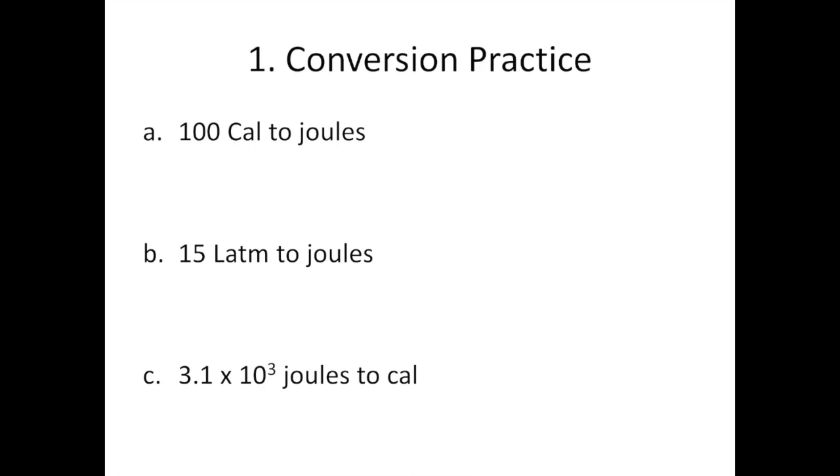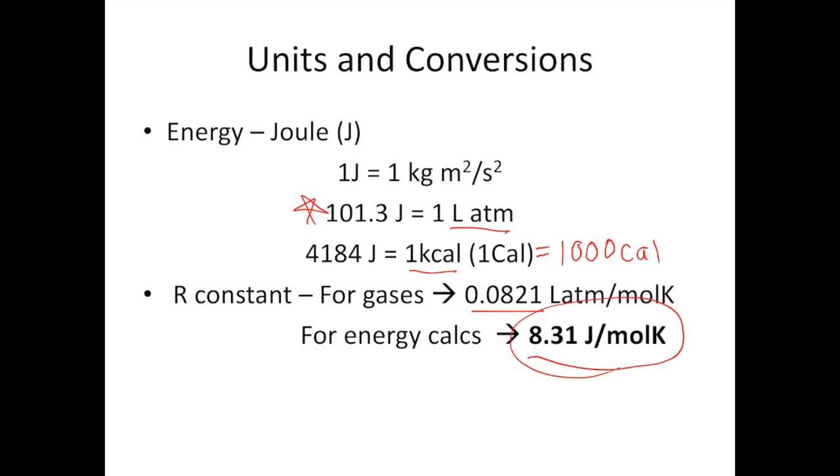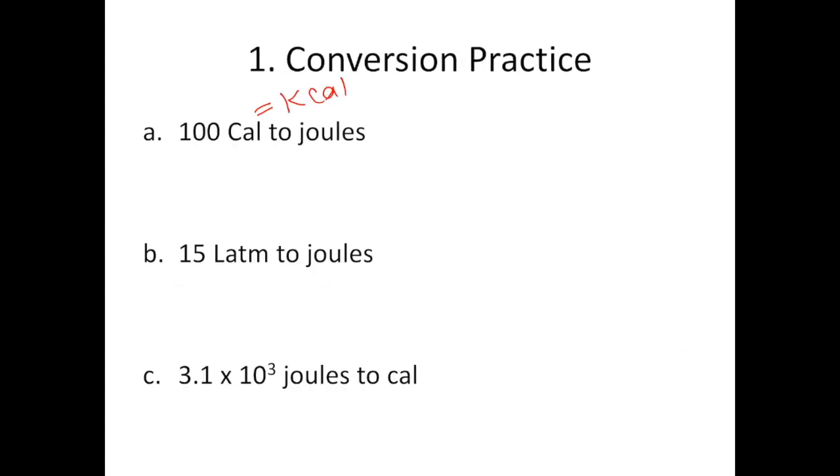All right, so the first one, we're going big C calorie to joules. And we want to remember that big C calorie is the same as saying kilocalorie. And we know that conversion because we had it on the slide before. All right, so I'm going to set it up like this. You always start with the one that you're given. We're given kcals or big C cals. Okay, you draw your multiplication sign and your division sign. Whatever unit is here, you need to have here.